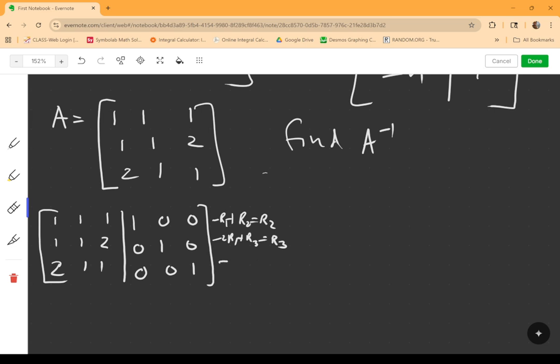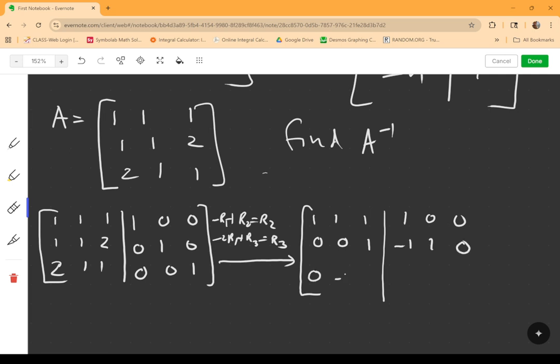In the resulting matrix, the top row remains unchanged. My second row turns into 0, 0, 1, negative 1, 1, 0, and my third row becomes 0, negative 1, negative 1, negative 2, 0, 1.